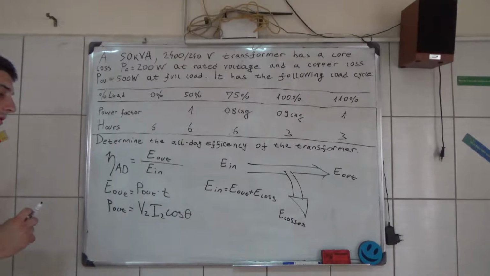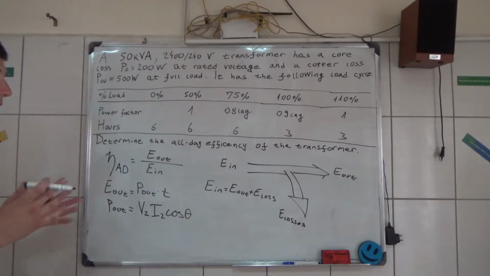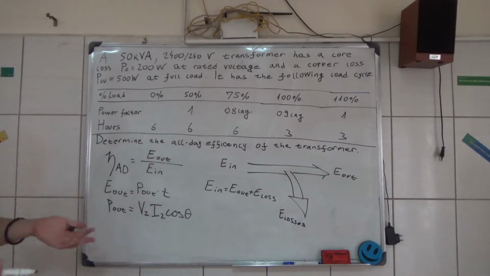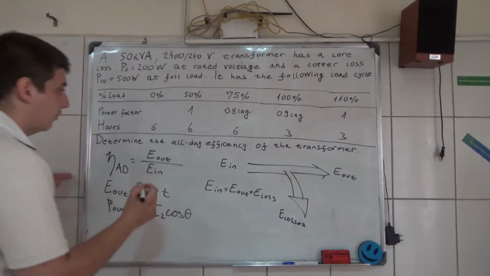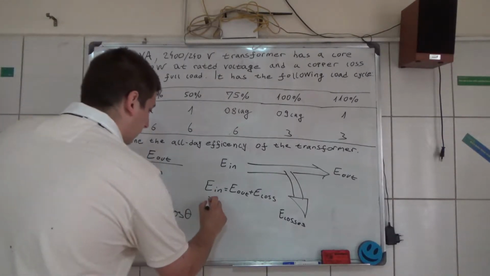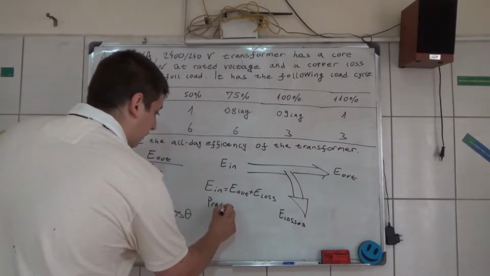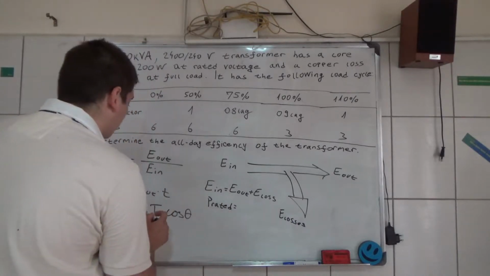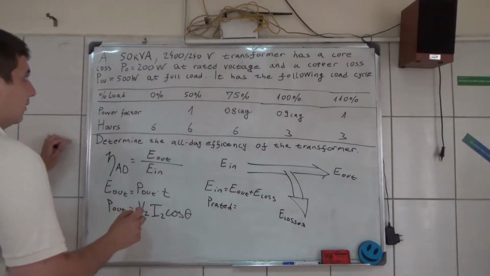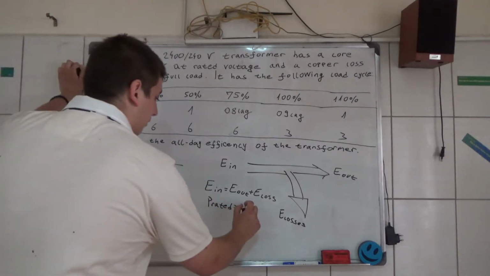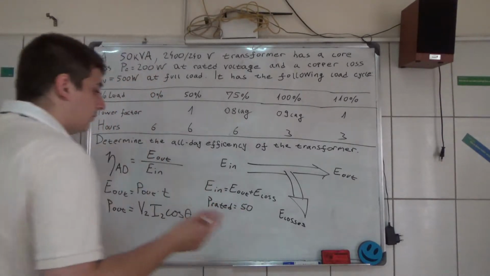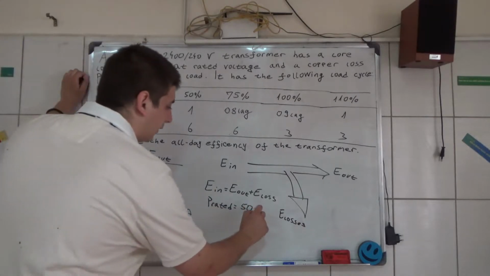Now the rated power is equal to 50 kilovolt ampere, or kilowatt.